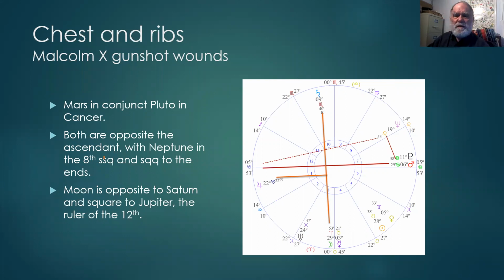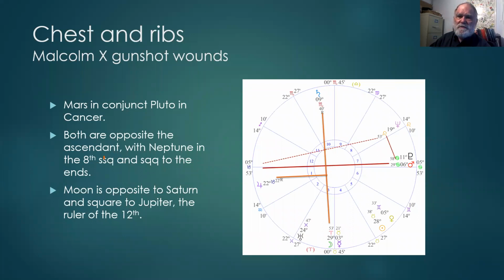But he was assassinated, very famously, and he was shot. The autopsy report says shot in the chest 3 times. And here Mars is where the bullet goes, and the bullet is here in Cancer.